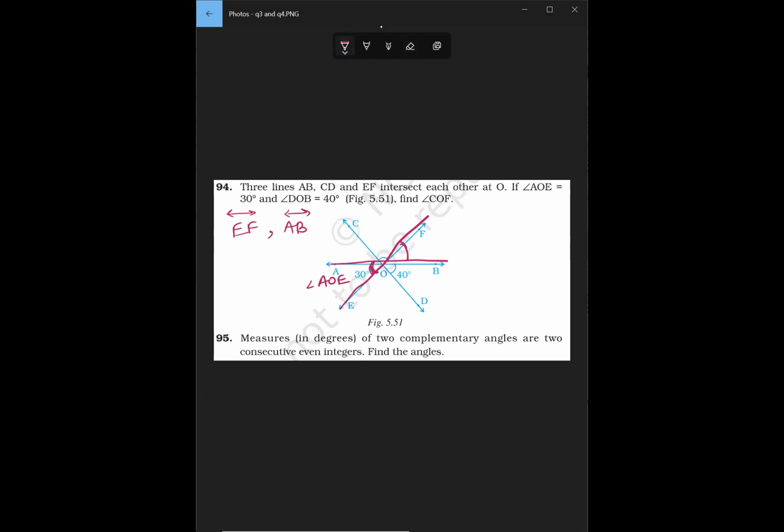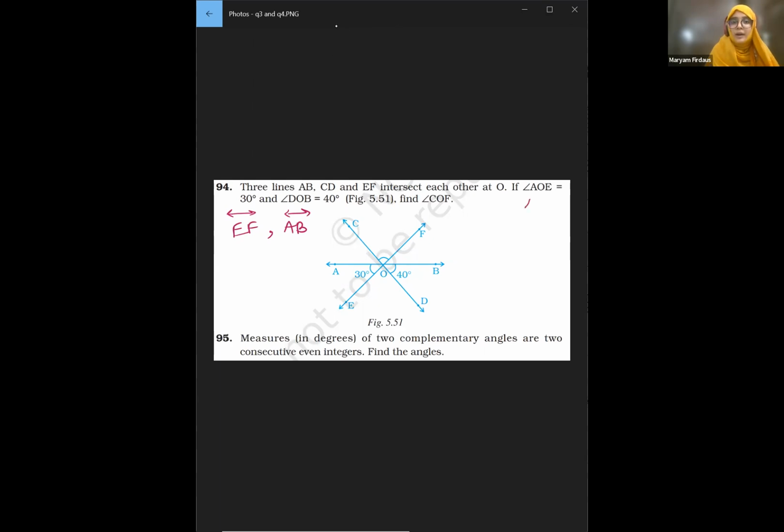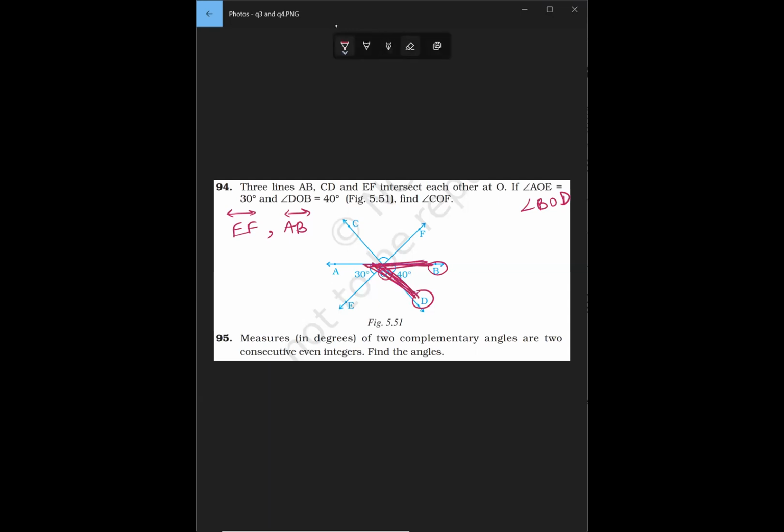So, fine. Again, what is the vertically opposite angle of? Now I will name it and you have to tell me which is the vertically opposite angle for that. What is the vertically opposite angle for angle BOD? Angle BOD is which one? BOD. That means this angle. AOE.